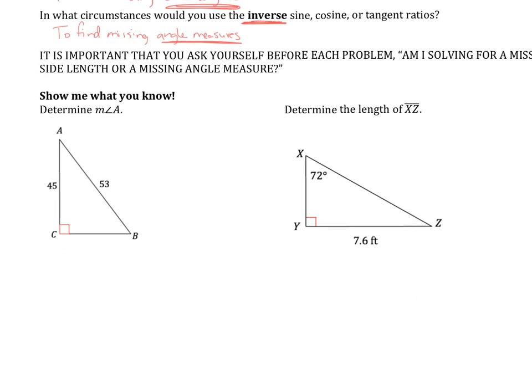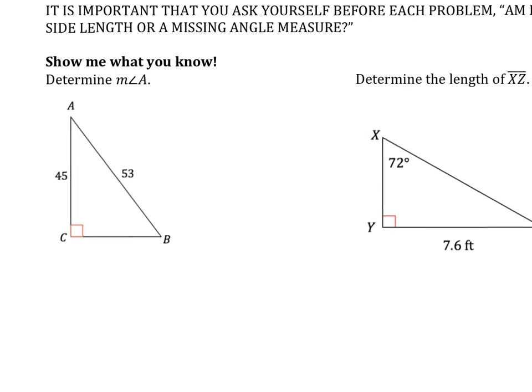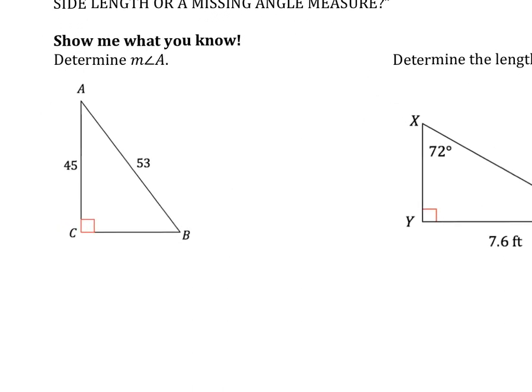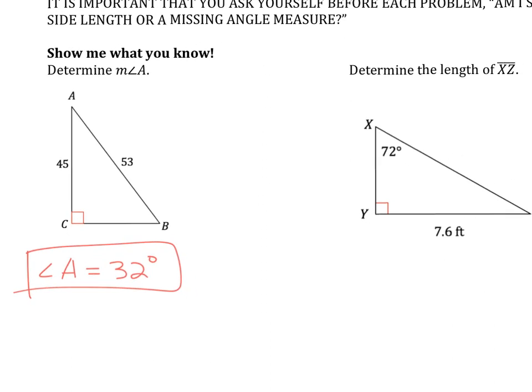So I'm going to let you work on these 2 on your own. But I will give you the final answers here so that you can check your work. And if you have questions, just ask. Determine angle A. You should find that angle A is 32 degrees. So go ahead and work that out and see if you can find that.